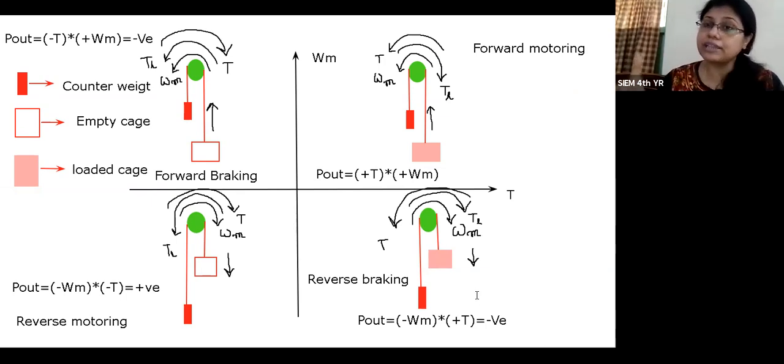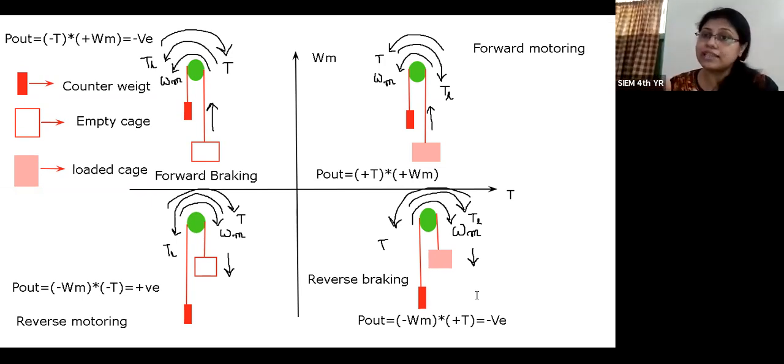And when the cage is loaded, the weight of the loaded cage is greater than the weight of the counterweight. So in the first quadrant, when the motor is moving in anti-clockwise direction, that means the drum is moving in anti-clockwise direction. That time, obviously the load torque will occur where the weight is higher. So in the first quadrant, the direction of omega m is anti-clockwise.